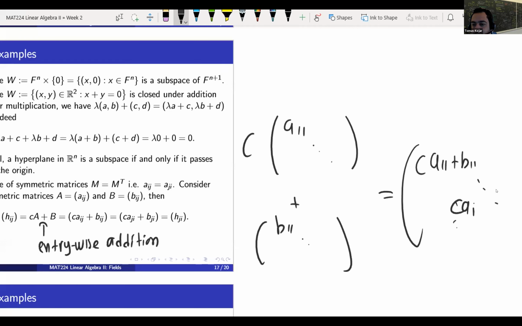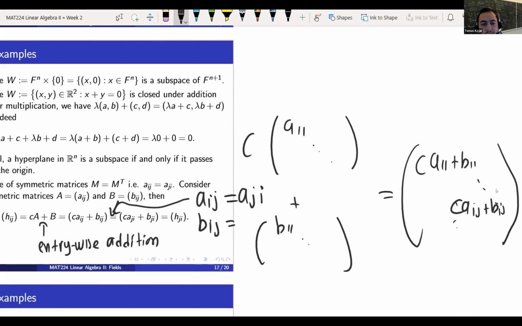So C AIJ plus BIJ. So that's a general entry. And then in this step over here, we use the fact that AIJ is equal to AJI and BIJ is equal to BJI. We know this because each of them is symmetric. So you do that, and then indeed you get symmetry for the whole matrix. Okay.